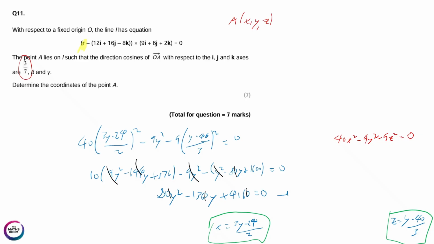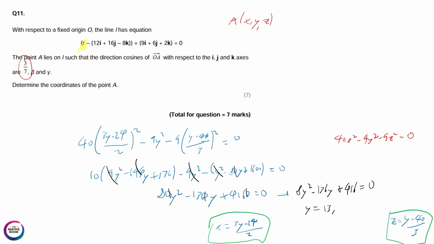So we get 8y squared minus 136y plus 416 is 0. Let's put into our calculator. It should give me 2 values of y. Okay, let's put into our calculator. Solve. So I've got 8, minus 136, and I've got 416.